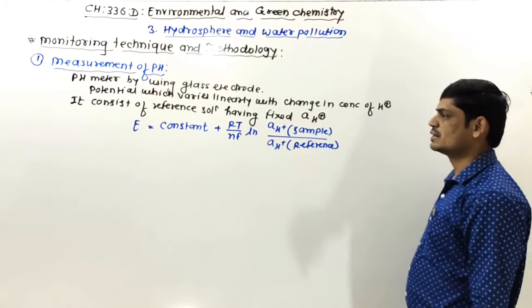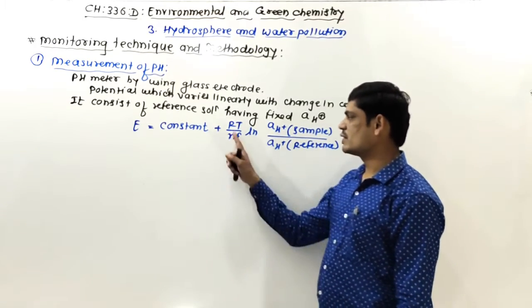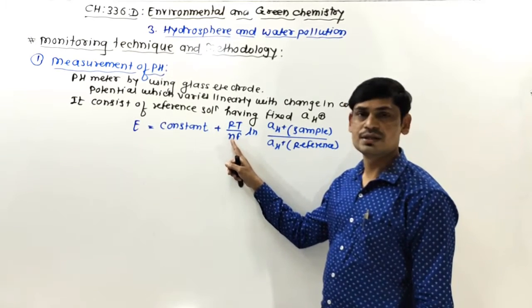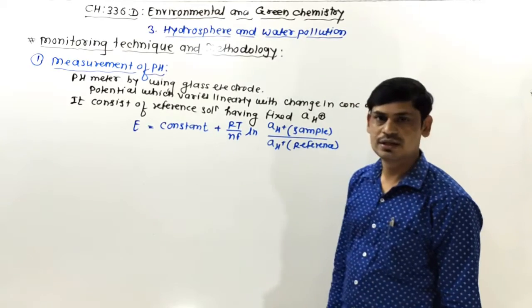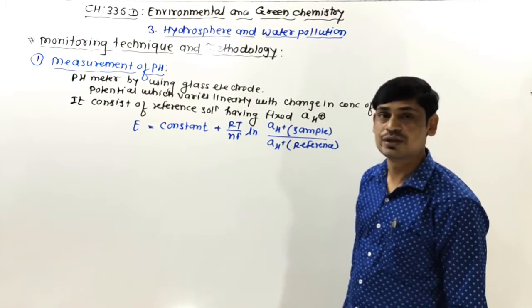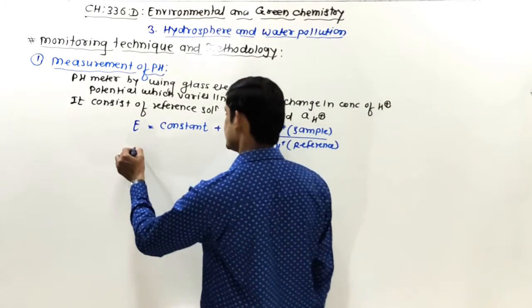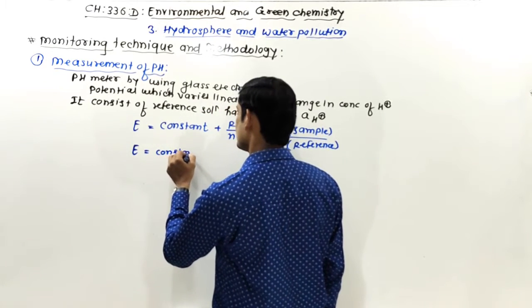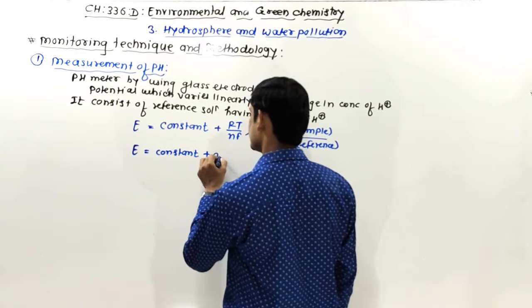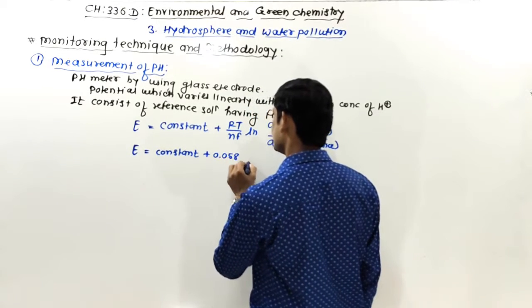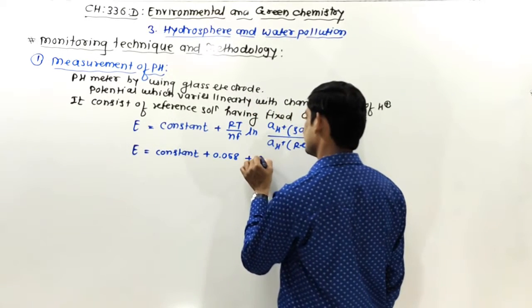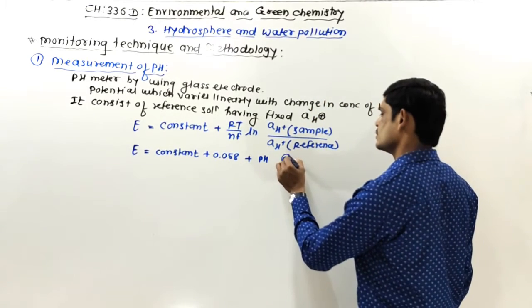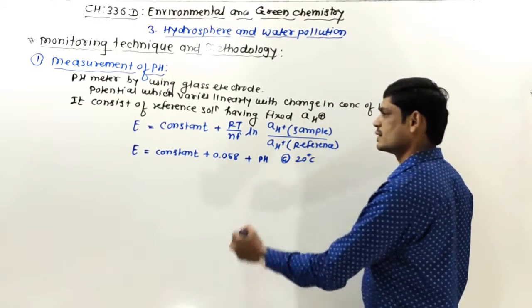We call it a standard solution. In this equation, R is the gas constant, T is absolute temperature, N is the number of electrons, and F is the Faraday. If we substitute all the standard values, we will get a simple equation: E is equal to constant plus 0.058 pH of the solution at 20 degrees Celsius.